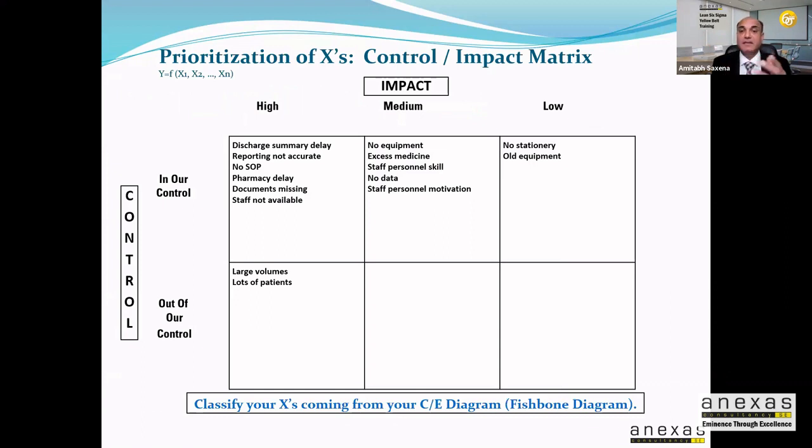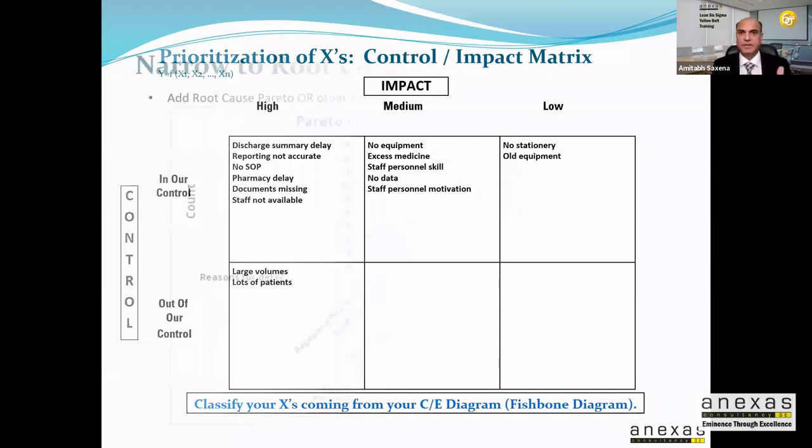I'm trying to reduce the number of causes as much as possible, because I want to get to the root cause, not 5, 6, 20, just 2 or 3, so that I have a high impact whenever I'm working on my project. Whenever I'm trying to improve something, I should be focused.